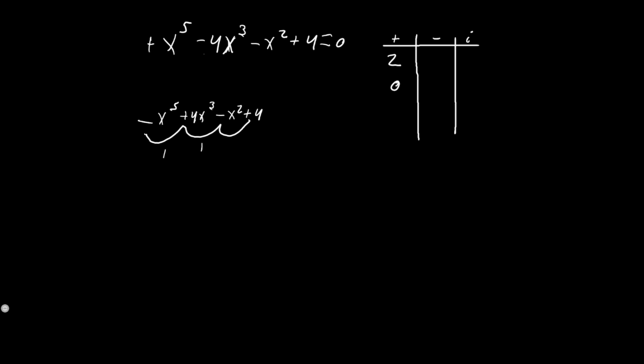So we have 1, 2, and 3. So here we have 3 and 3. So here we are going to have our first row where we have real solutions that are all 5 of them. And here in our second row, we're going to have 0 positive and 3 negative solutions and 2 complex.